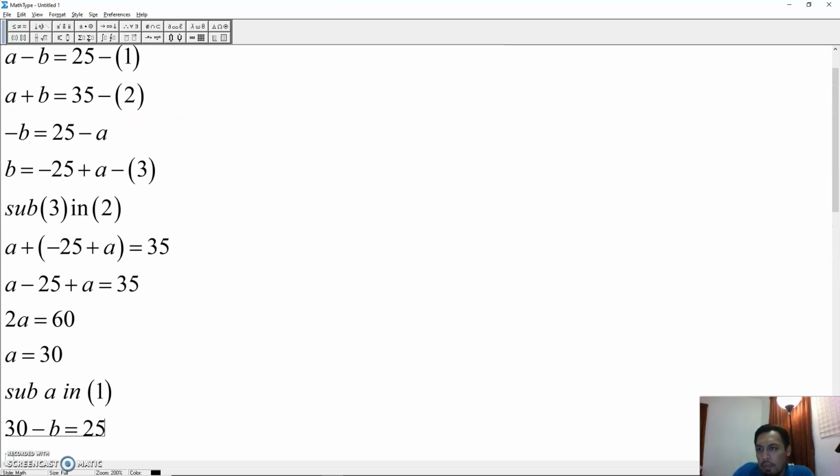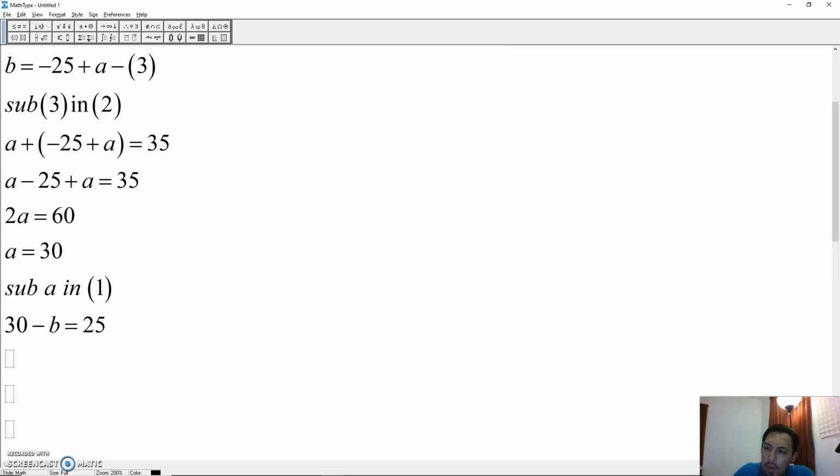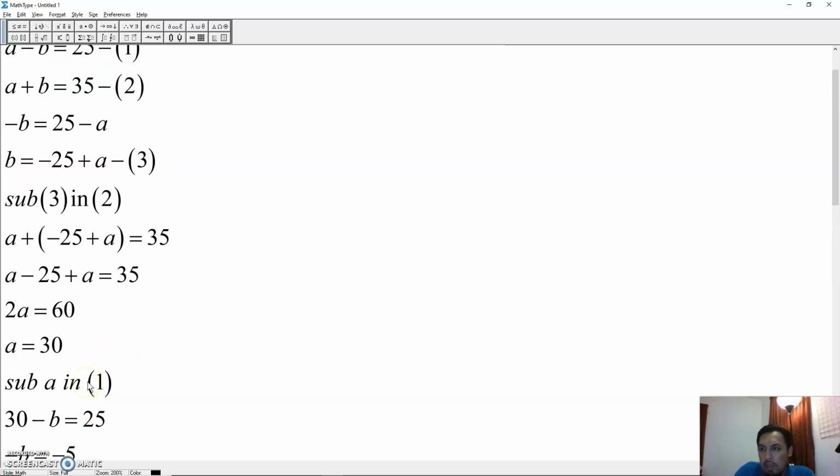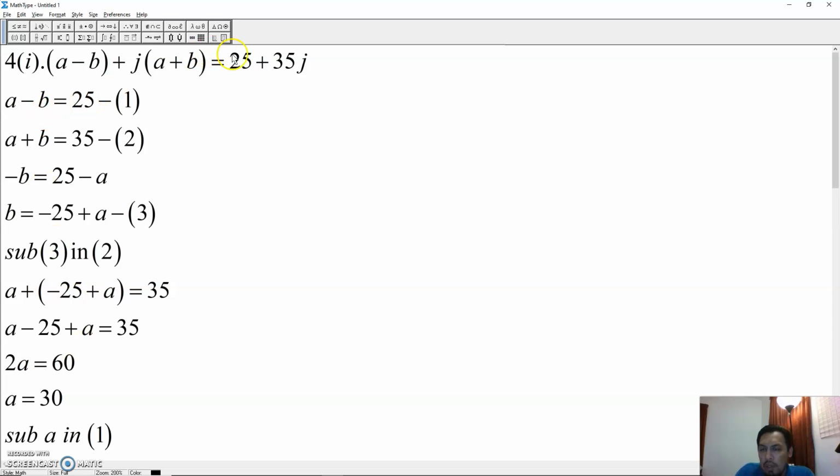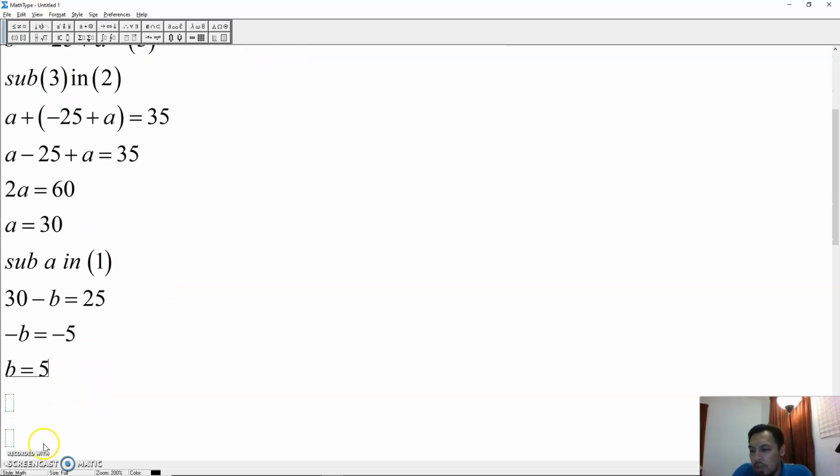If you put this to the right hand side, you get negative b equal to negative 5, and if you cancel out the negatives, you get b equal to 5. So that is the answer for this question: the value of a is 30, and the value of b is 5.